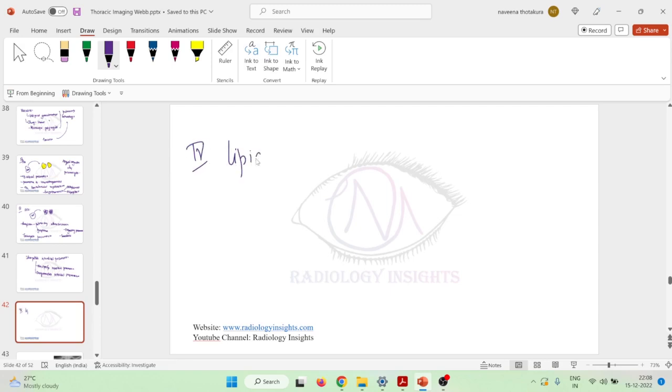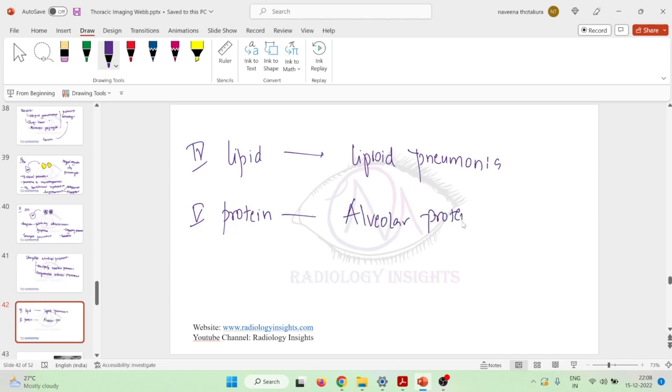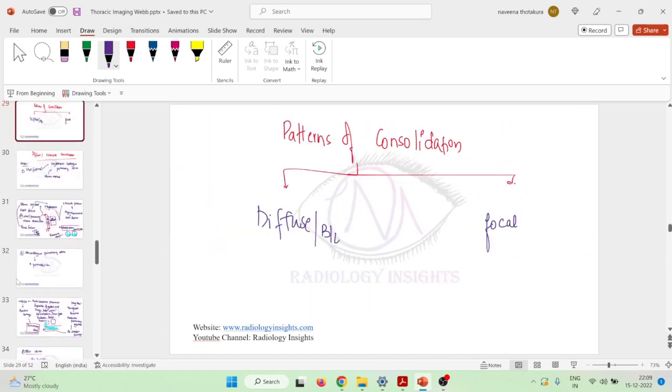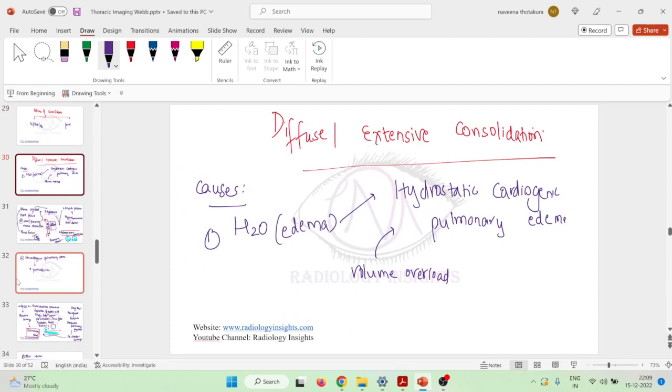If the alveoli is filled with lipid, then we call it lipoid pneumonia. Similarly, if the alveoli is filled with proteins, then we call it alveolar proteinosis. So these are the different causes of diffuse consolidation.